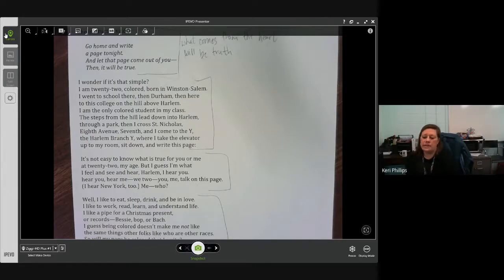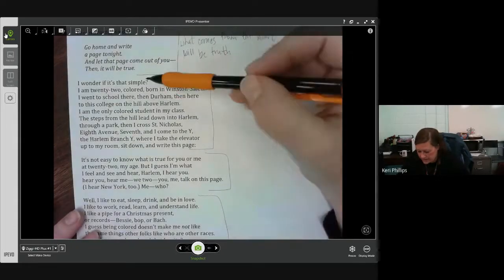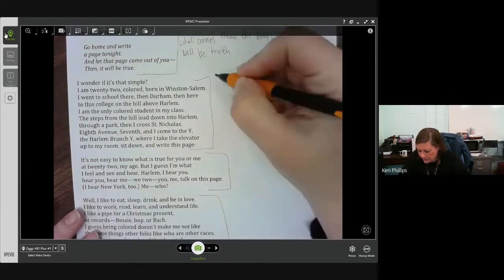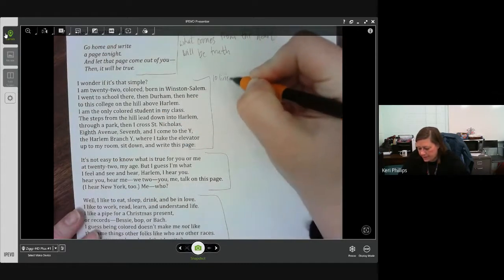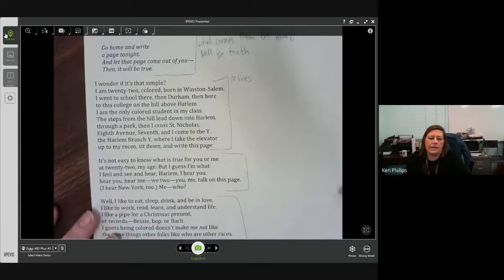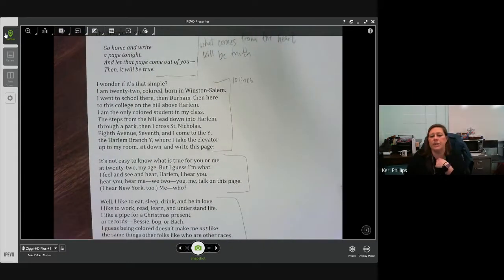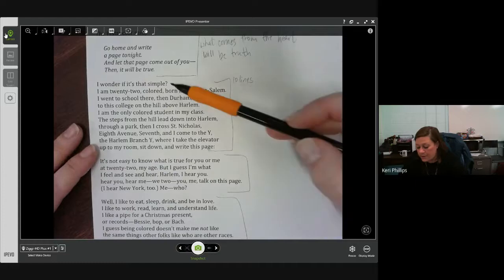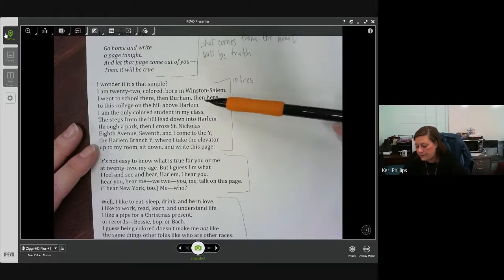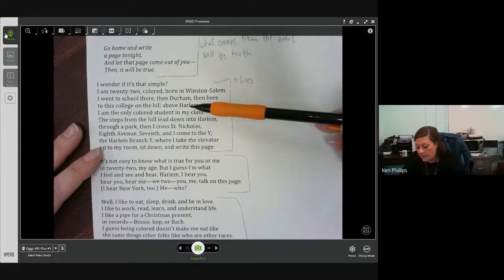So in this long stanza, we've got 10 lines here. And I think that there is a shift in here. There's a change of focus, I would say. He says, I wonder if it's that simple. I am 22, colored, born in Winston-Salem, went to school there, then Durham, then here, to this college on the hill above Harlem.